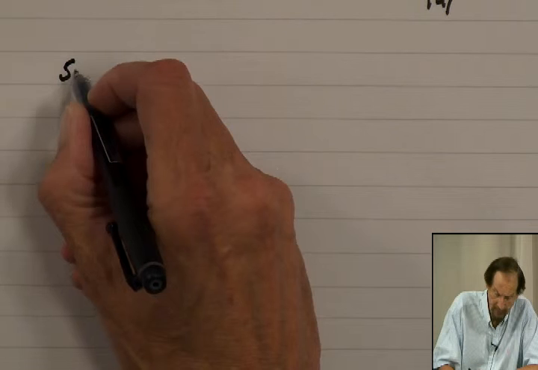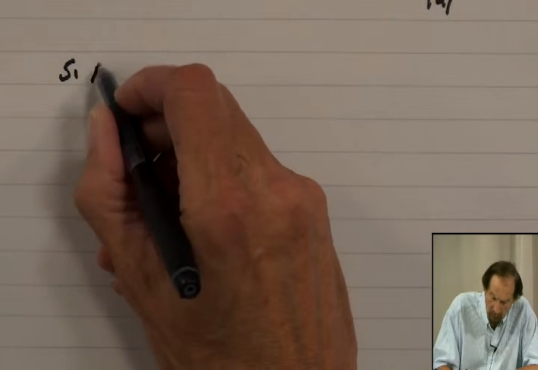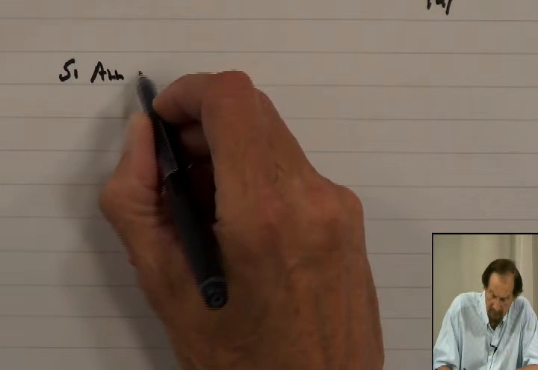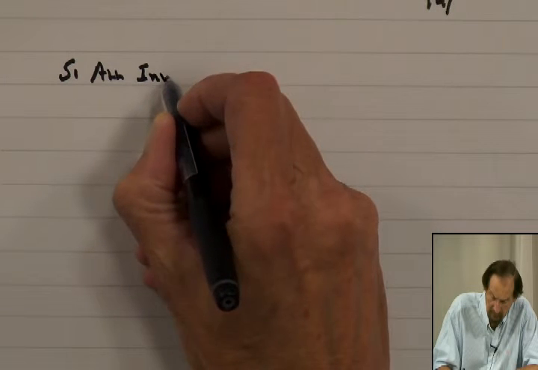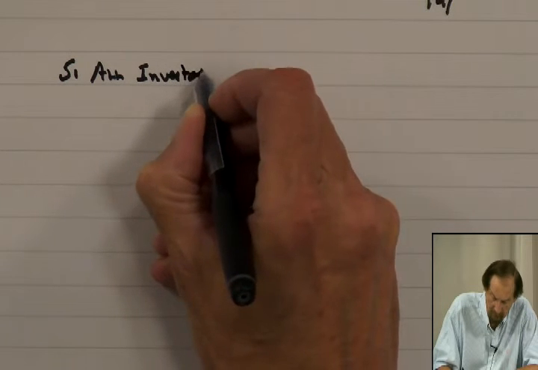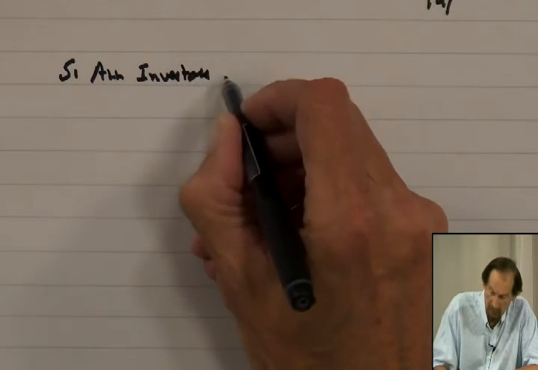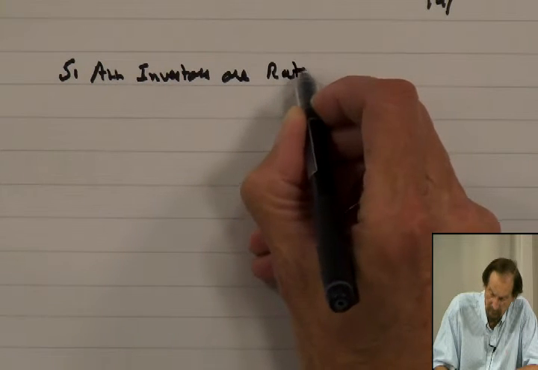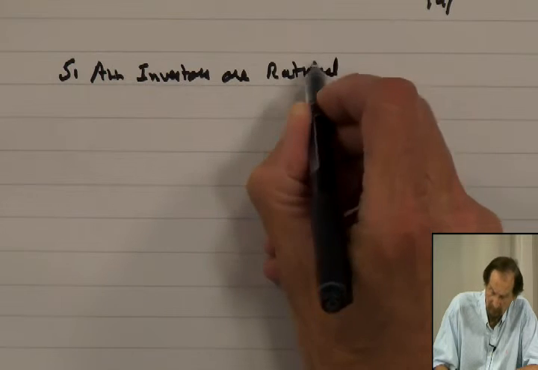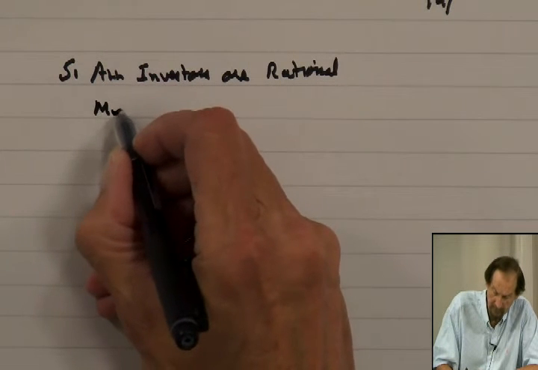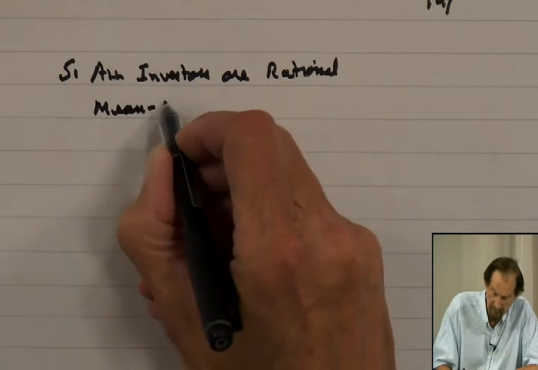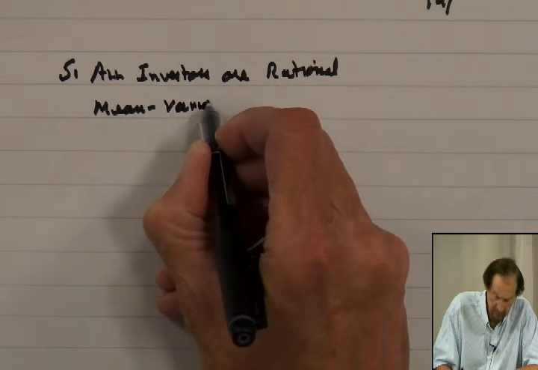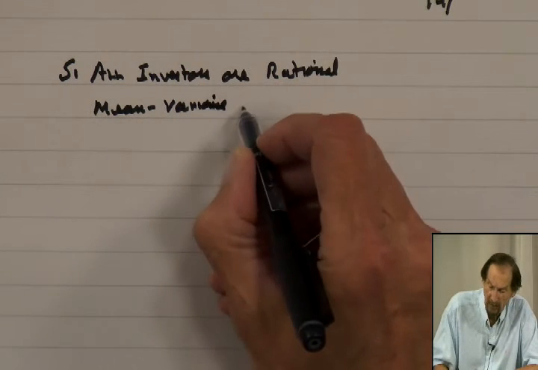Okay, our fifth assumption is that all investors are rational, mean variance optimizers.